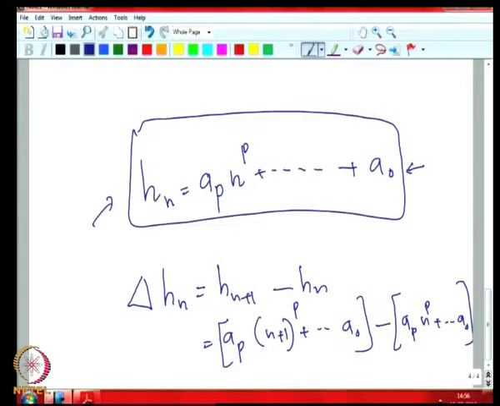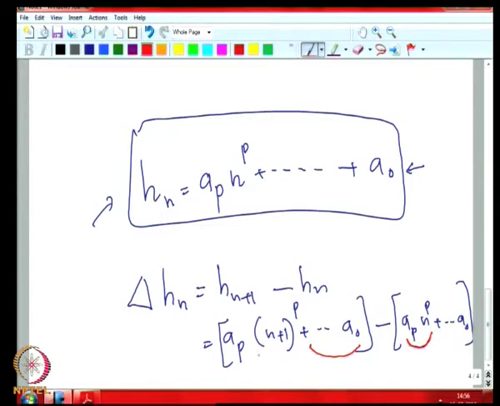Now, if we are looking for the coefficient of n raised to p in the expansion after taking the difference, none of the other terms has n raised to p, because they are all of degree p minus 1 or less. Here only one term has n raised to p.